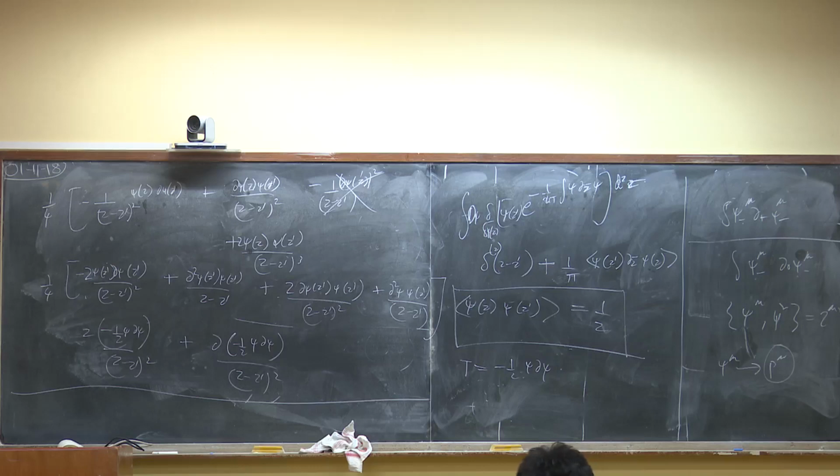Now, we can look at the generator of Lorentz invariance on this space. As usual, it will be i by 4 gamma mu commutator gamma nu. The usual story. And this acts on what space? On the space of spinors.